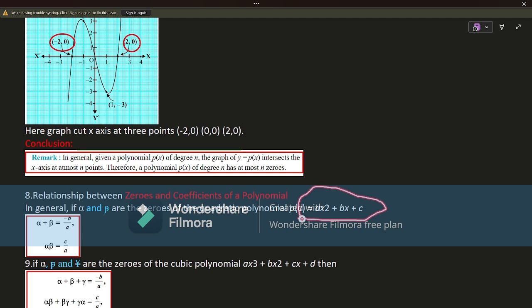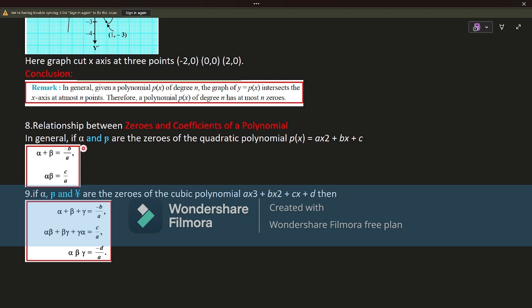What I am explaining here is that ax square plus bx plus c is the quadratic equation. It has 2 zeros, alpha and beta. The sum of these 2 zeros is always minus b by a. The product of these two zeros is c by a. The topic will be cleared when you solve the problems.